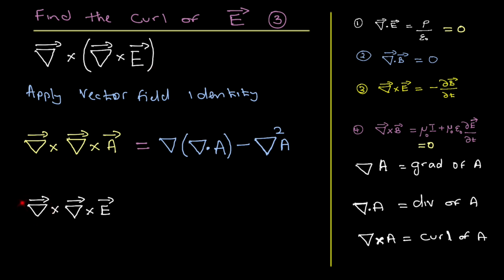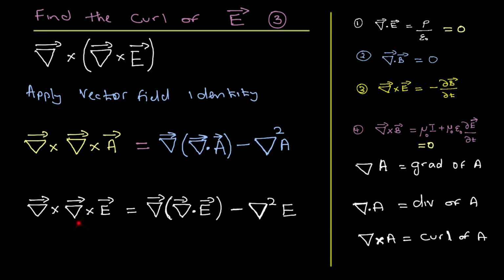So we get the curl of the curl of electric field, and that will be equal to the grad of the divergence of electric field minus the Laplacian of electric field, with a vector on top for direction. So that's the identity we need to apply.